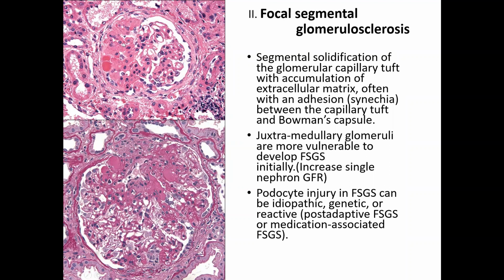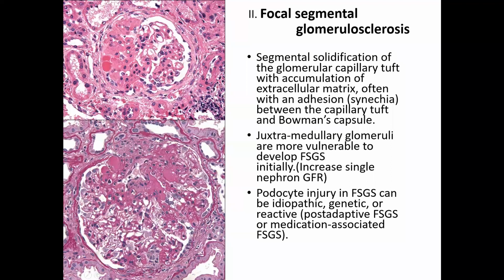In the last picture, we saw the glomerulus is absolutely normal, the capillary loops are open, but here we can see segmental solidification of the glomerular capillary tuft. Why is it solidified?